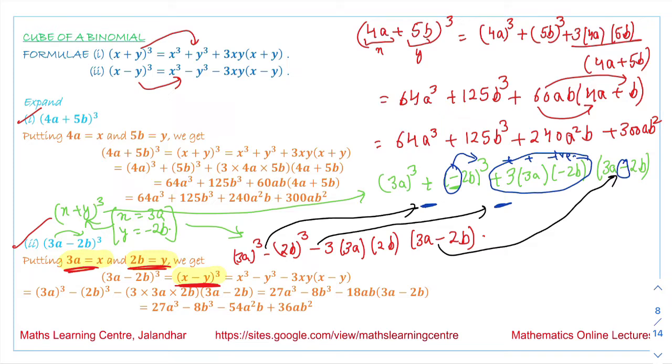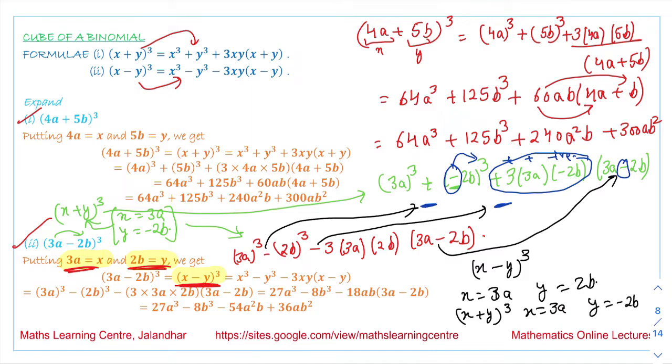If you are using the formula (x - y) whole cube, you will write x equal to 3a and y equal to 2b. If you are using the formula (x + y) whole cube, you will write x equal to 3a and y equal to minus 2b.